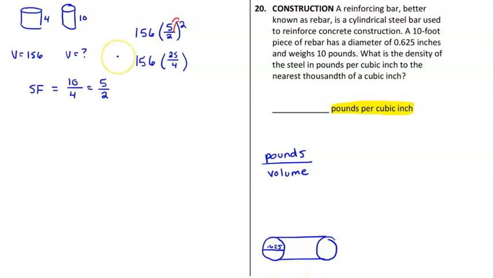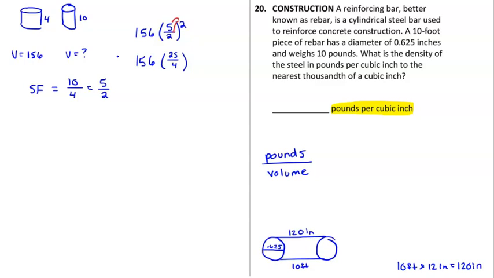Be careful though, because we have something in feet and then we have something in inches. So let's go ahead and get this into inches. So 10 feet times 12 inches gives us 120 inches. And so our height for this cylinder is 120 inches. This is how some of these conversion ones mess people up, because they don't convert it and they just leave it as 10.